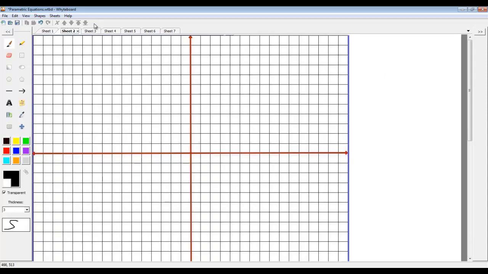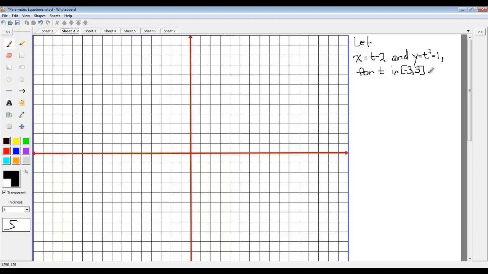Okay, let x equal t minus 2 and let y equal t squared minus 1. And this is for t defined with the parameters being in the closed interval from -3 to 3.